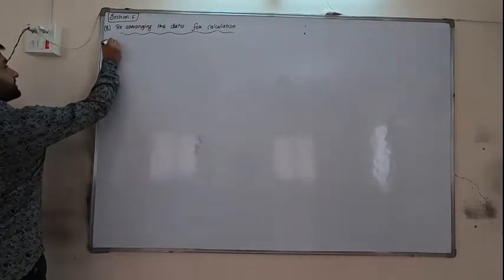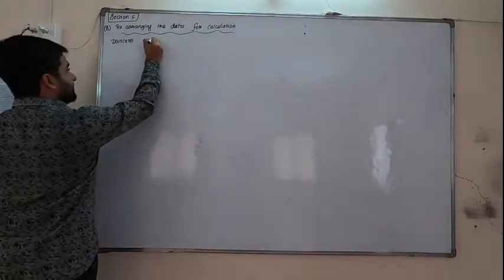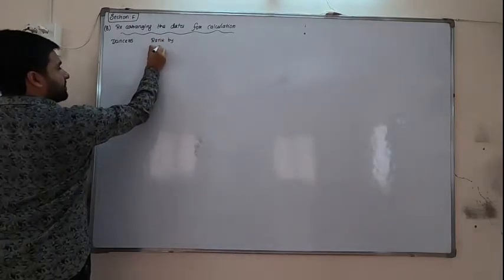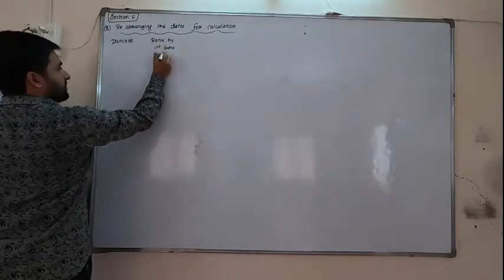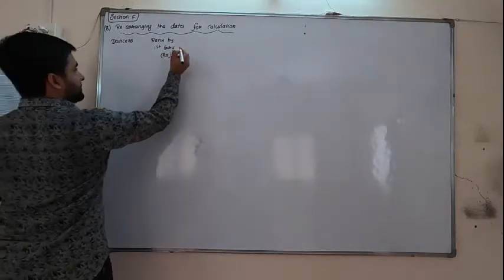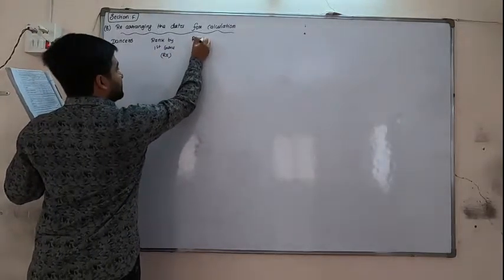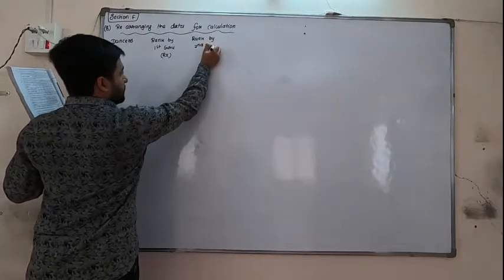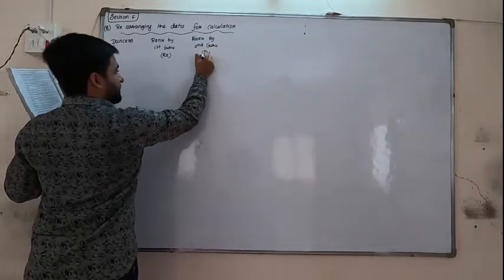Okay. First column is extra, that is dancers. Second column is ranked by first guru, that is RX. Third, ranked by second guru, RY.